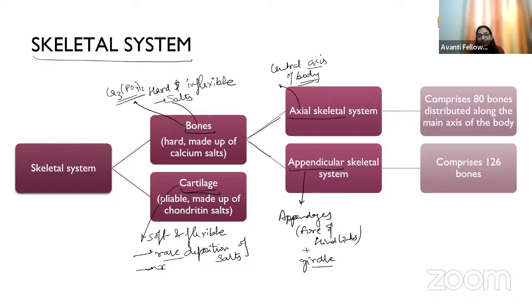Girdle are the bones which attach the forelimbs and hind limbs to the central axis of the body. Appendicular skeleton consists of 120 bones, and the axial skeletal system consists of 80 bones. So in total there are 206 bones.